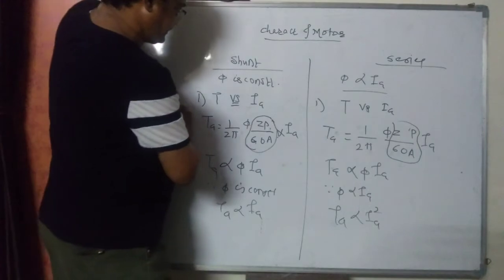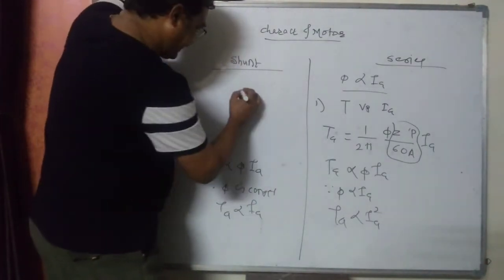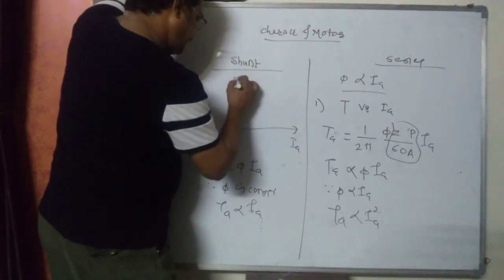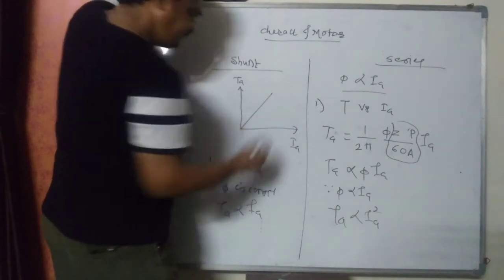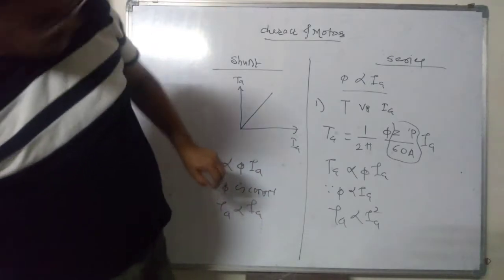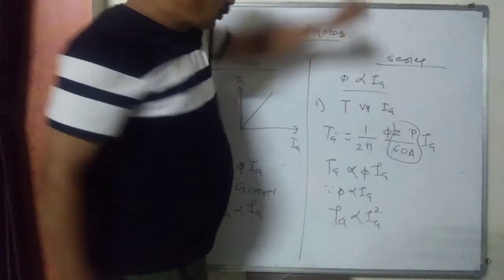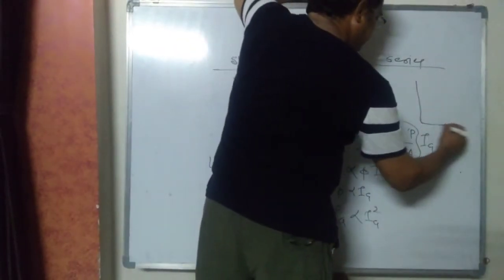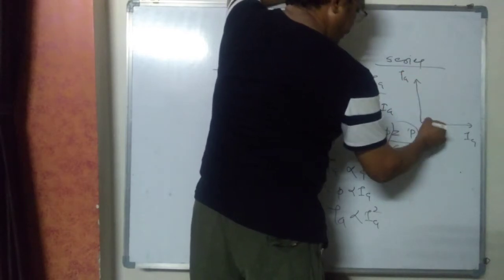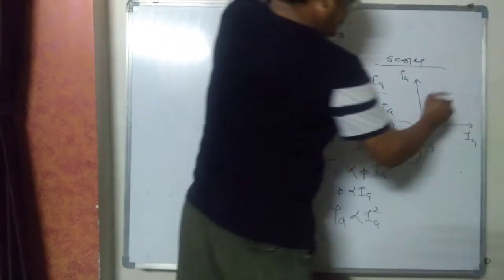So we will draw the characteristics. Direct proportionality, so linear characteristics, Ia versus Ta. And Ta is proportional to Ia square, so this is the nature of the characteristics.